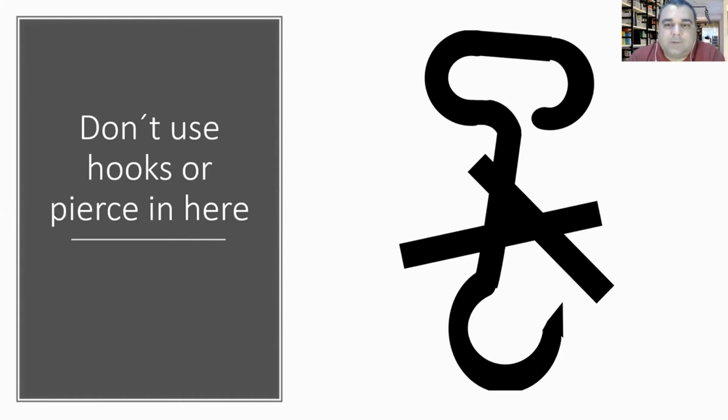So just to avoid that somebody uses a hook there and tries to lift the package and the merchandise and damage the package, this symbol exists, and it is also a commonly used symbol.